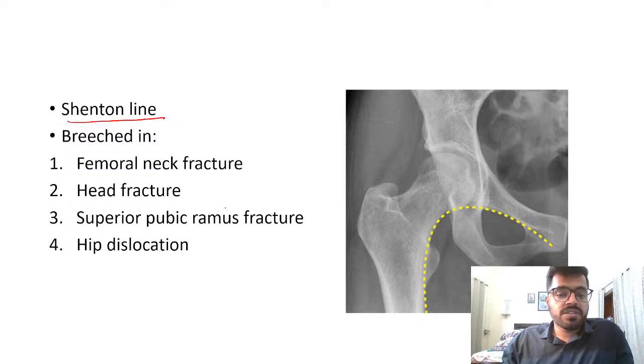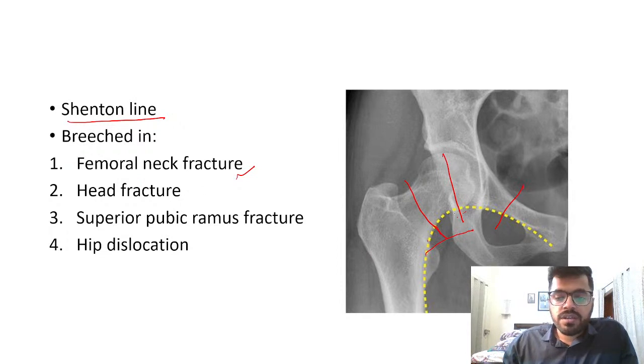So this is breached if, for example, there is a neck of femur fracture. If there's a head of femur fracture, again this can be breached. If there's a superior pubic ramus fracture, then also it can be breached. And for example, if the hip is dislocated, then also this will be breached. So Shenton's line is used to look for the integrity of the hip and pelvis.